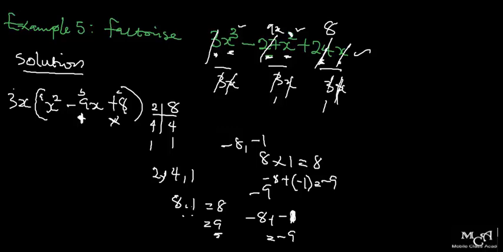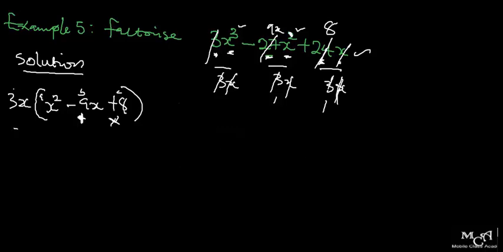Let's clear the board. So we still have our 3x outside. In this bracket we have x squared minus 8x minus x plus 8. Everything in brackets, right? So we group and we group. So we have two brackets.